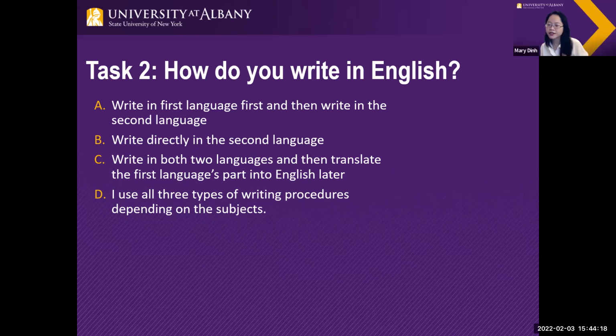A lot of Grammarly. Okay, we will talk about those tools later, but I totally agree with you. When I learned English, there used to be a time when English language teachers said we have a no mother tongue policy in class, so you must write directly in the second language.